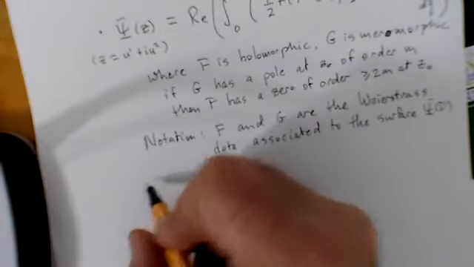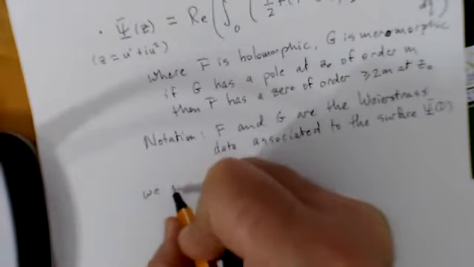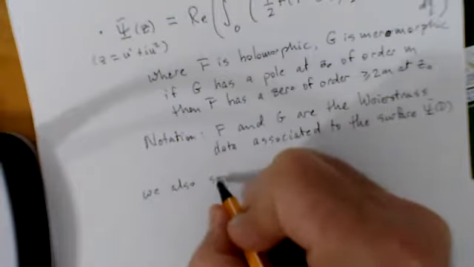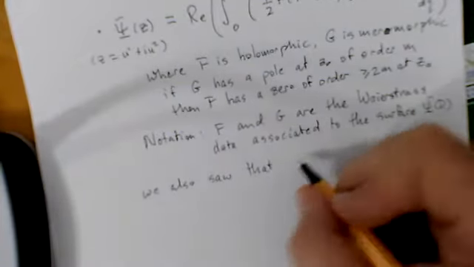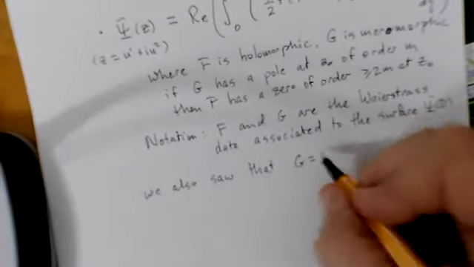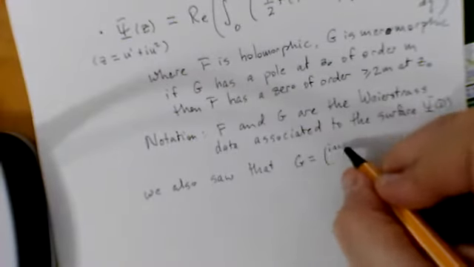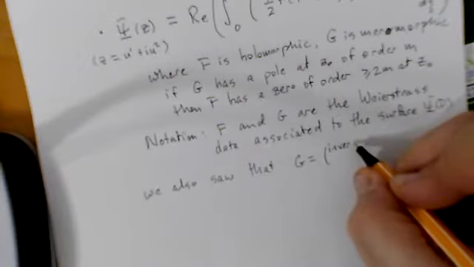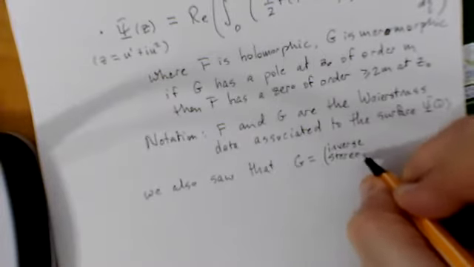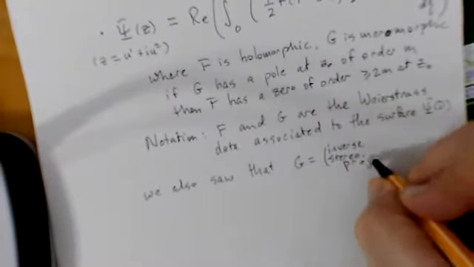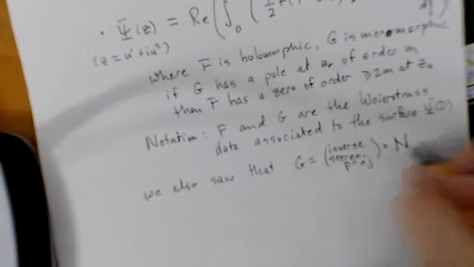So we also saw that g is equal to the inverse of stereographic projection composed with the normal map.